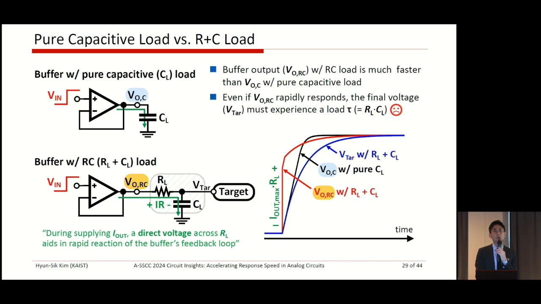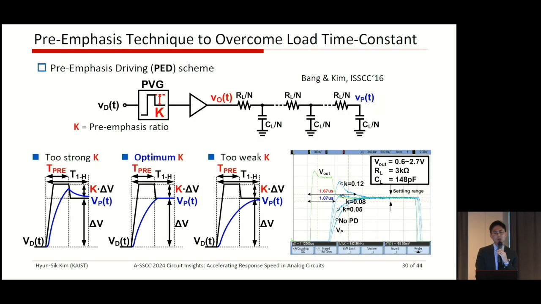Okay, so in order to overcome this physical RC time constant, we can use the pre-emphasis technique. The pre-emphasis technique is very well known in buffer design as well as in signal drivers and signal interface circuits. The key idea is very basic, right?